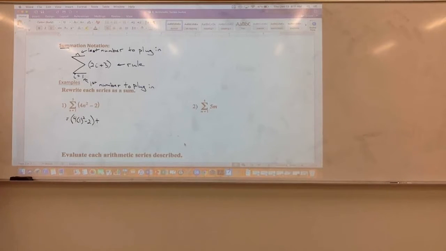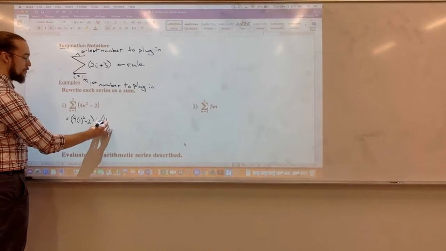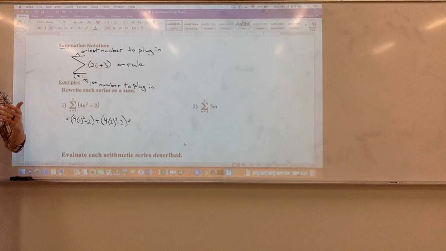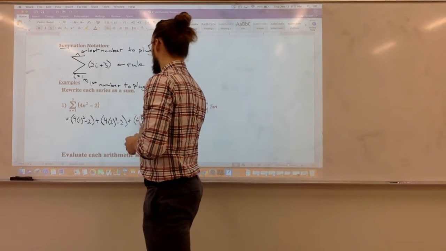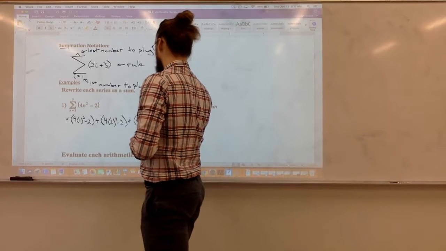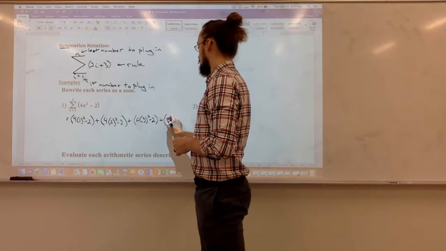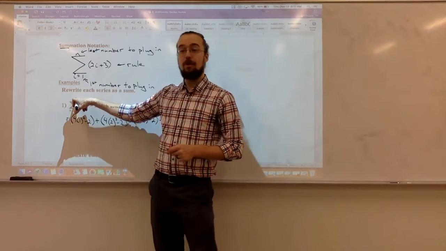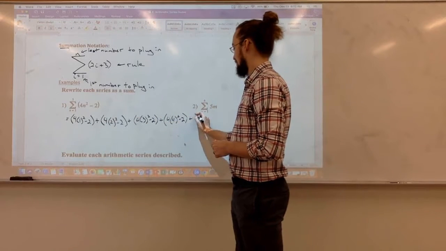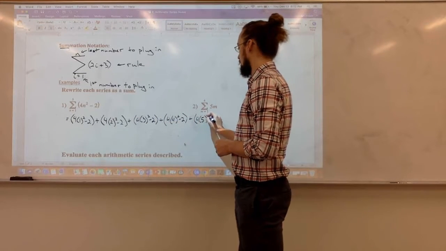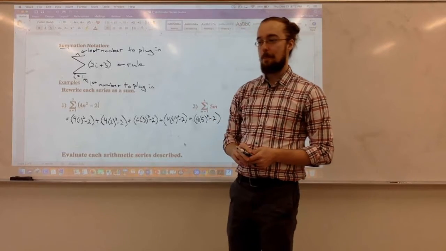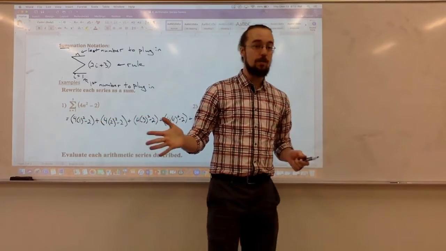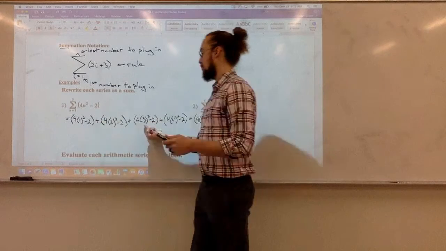Then plug 2 in: 4 times 2 squared minus 2. Then plug 3 in: 4 times 3 squared minus 2. Then 4 times 4 squared minus 2. And then it tells me to stop at 5. So the final number I'm plugging in is 5. So it's saying plug 1, 2, 3, 4, and 5 in, and then add all of those together.